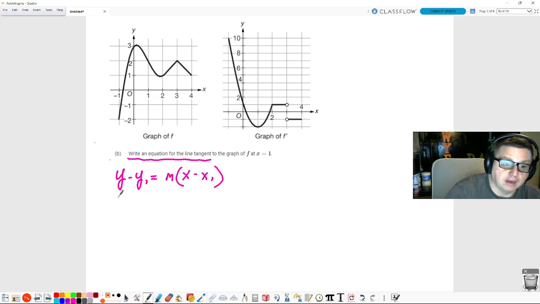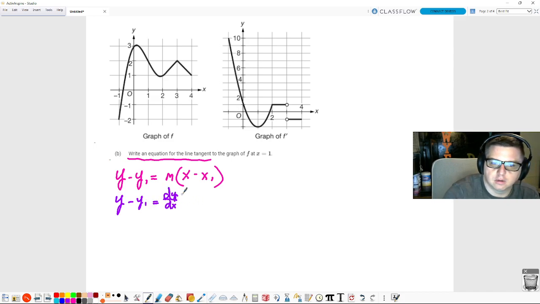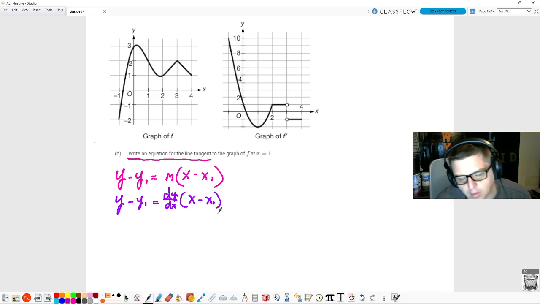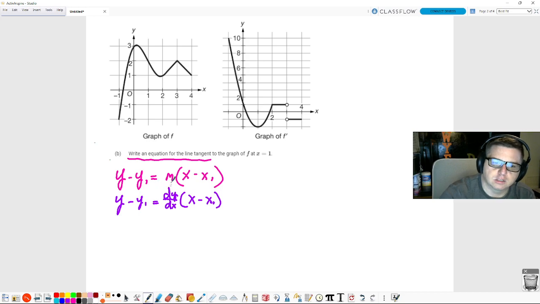Then I would actually go as far and probably do this, so that I remind myself that the slope is the derivative at whatever value we're looking at.